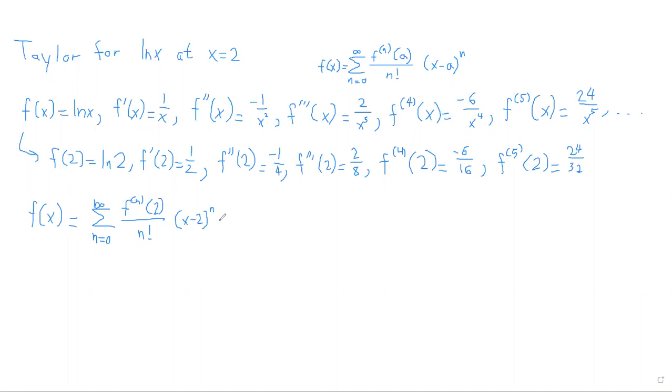Let's start dumping values in. So when n is equal to 0, f of 2 is ln 2. 0 factorial is 1, and x minus 2 to the power of 0 is 1, so that's ln 2.